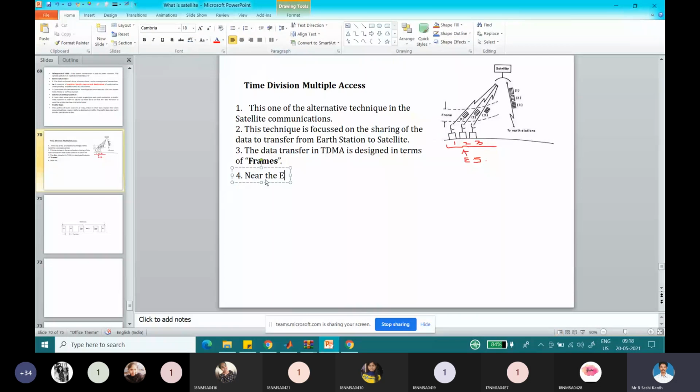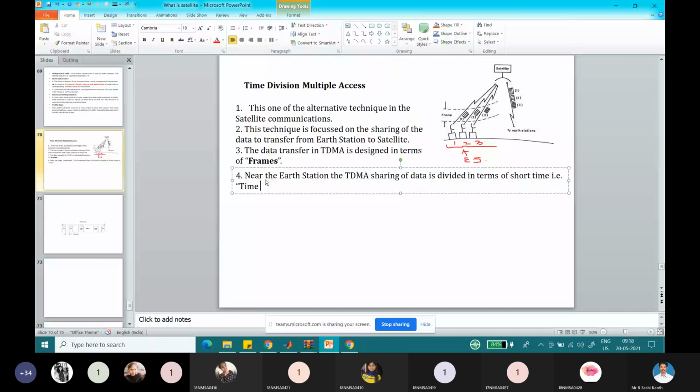Near the Earth station, the TDMA sharing of data is divided in terms of short time, that is time slots.